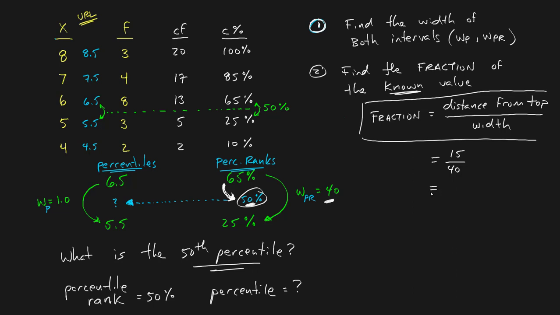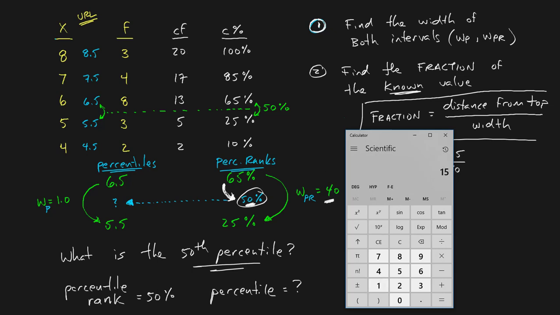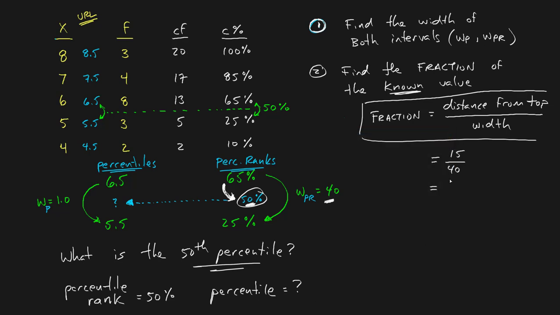So 15 over 40. Let's see what that is. 15 divided by 40 is equal to 0.375. Okay, so that's my fraction, 0.375. So that's my second step done.